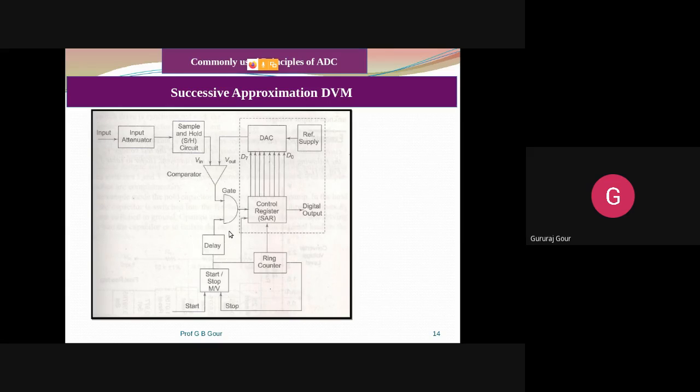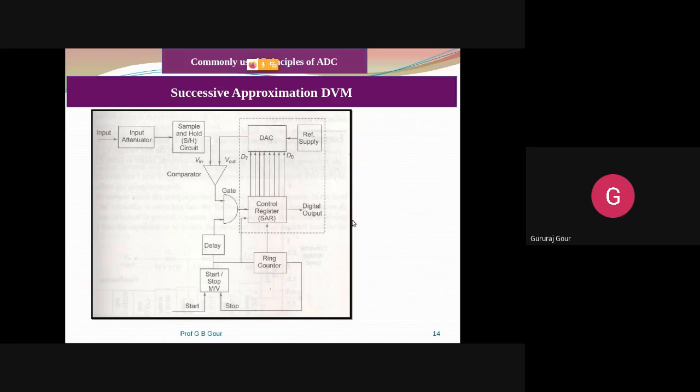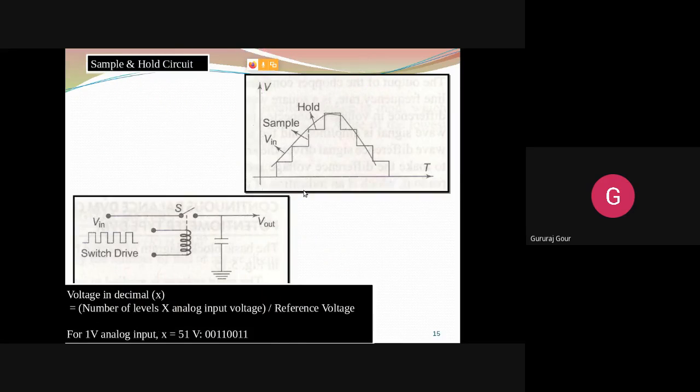Except that, this main gate will be there, comparator will be there, and this oscillator will be there along with the counter. They are all playing their roles as usual, as we have seen in the direct compensation type technique. So the sample and hold circuit is simply going to cut your continuous time signal into a small number of samples decided by this RC time constant.